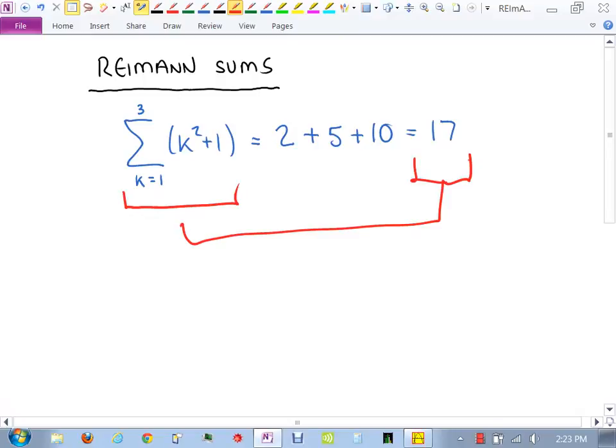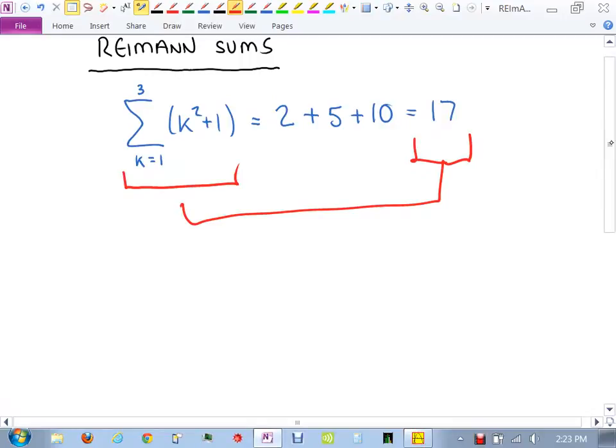Got the basic idea? Now, you can have a sum that's finite, like this, or you can have a sum where you start at maybe 1 and you go to infinity, which means you add things up forever. And here I'll give you an example of something you could add up forever. How about 1/2 to the k?